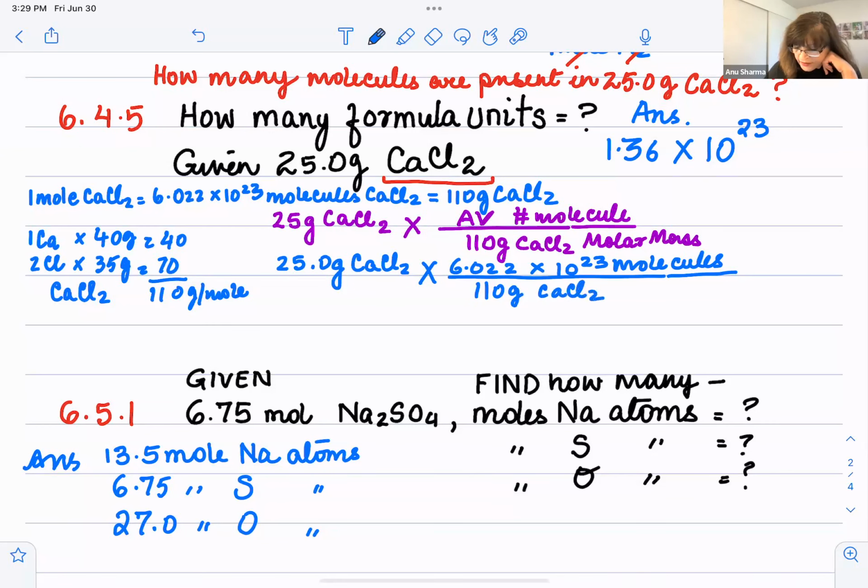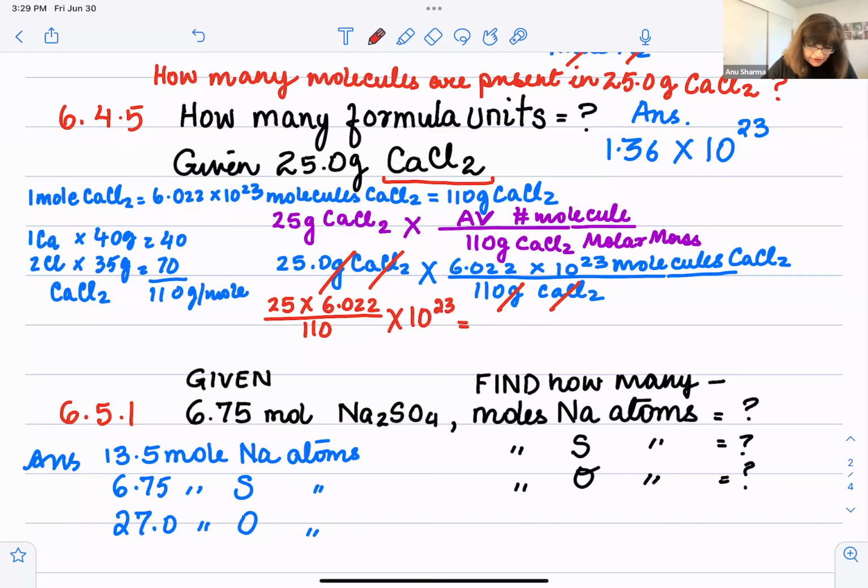Now, students, you can simply put this problem on a scientific calculator and you'll be okay. You can get the answer from there. Otherwise, you can do it manually also. This means 24 times 6.022, divide that by 110. Let's do that first, and this whole thing is times 10 to the power 23.